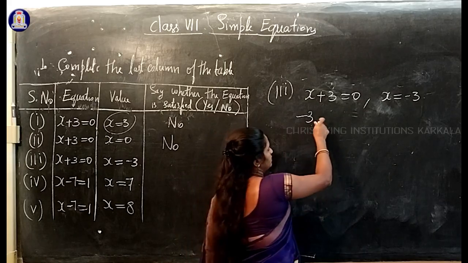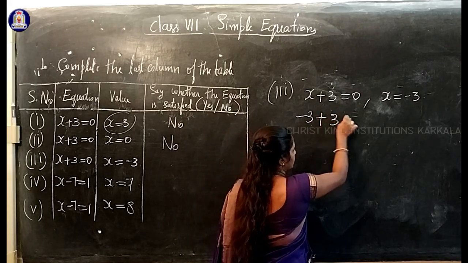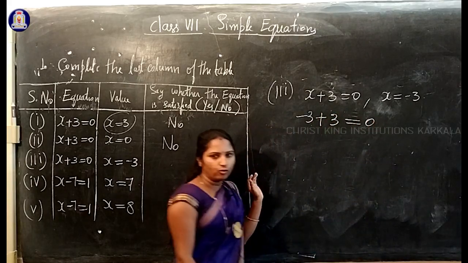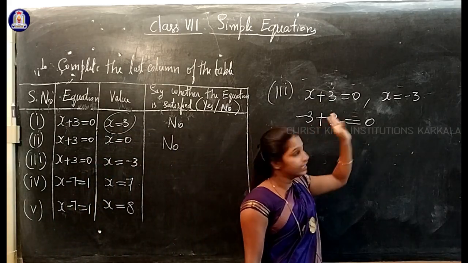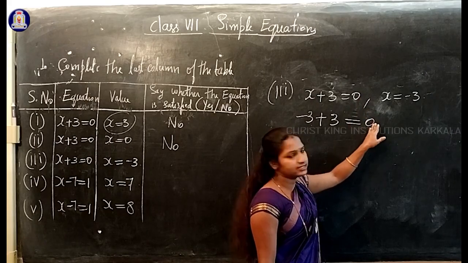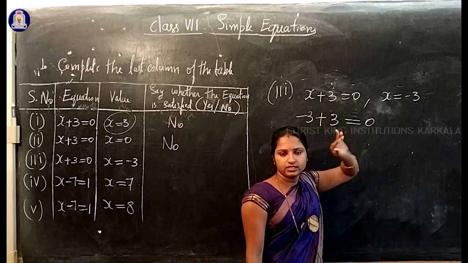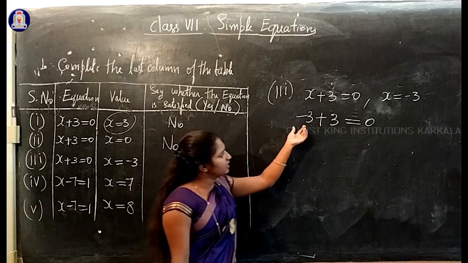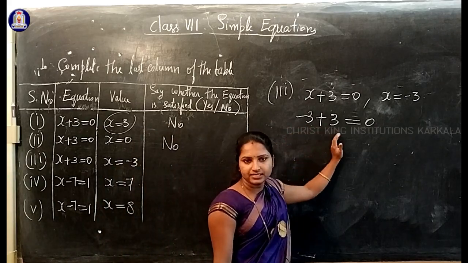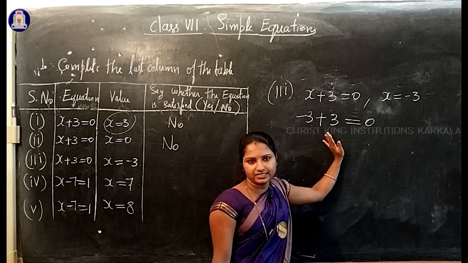So minus 3 plus 3 is equal to 0. Clear? So left hand side minus 3 plus 3 and in the right hand side it is 0, so write as it is. Now simplify the left hand side: minus 3 plus 3. See the sign. You know how to solve integers, right?